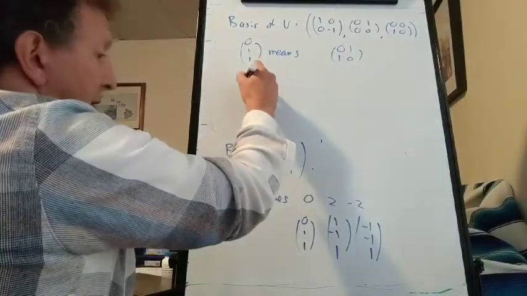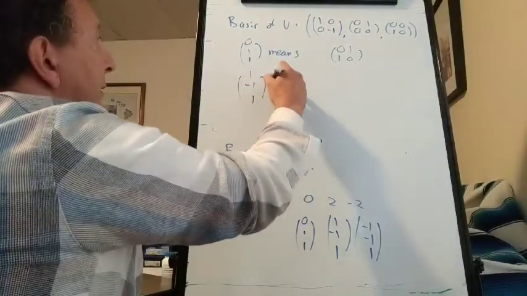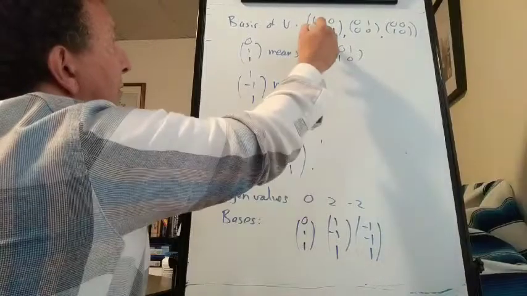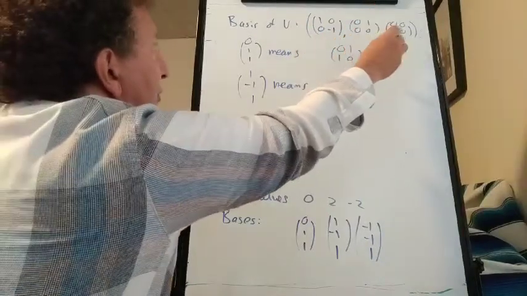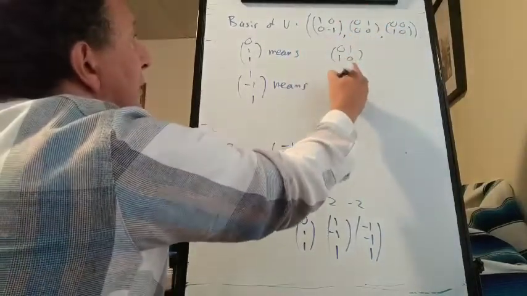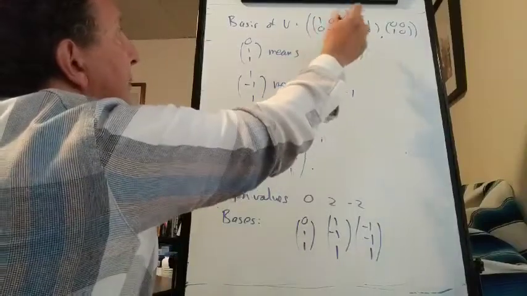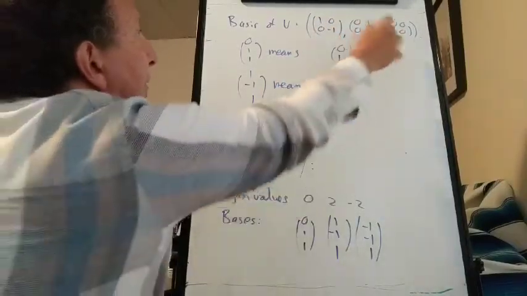And then 1, negative 1, 1 means one of these minus one of those plus one of those. So 1 of this minus 1 of that plus 1 of that.